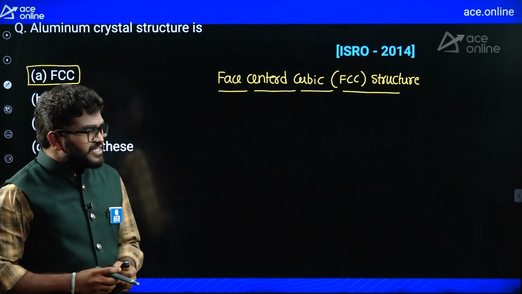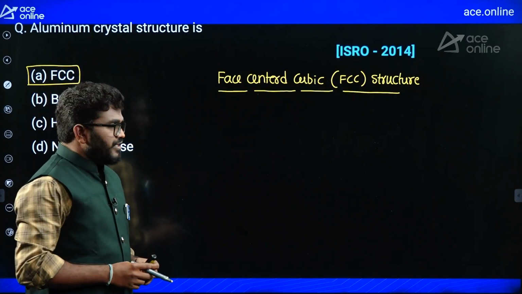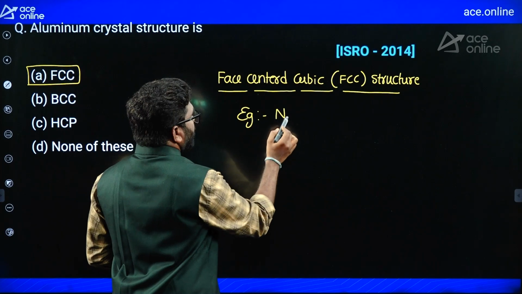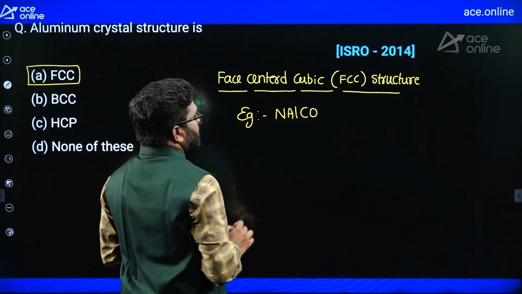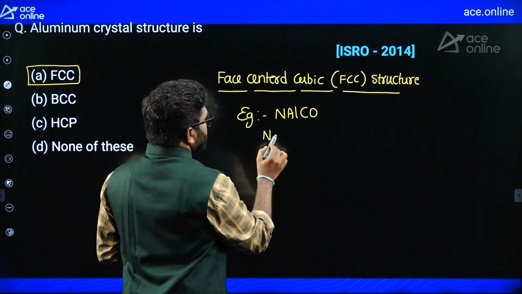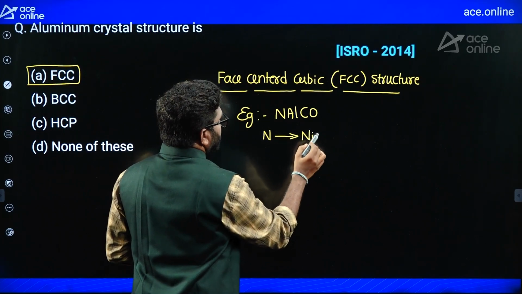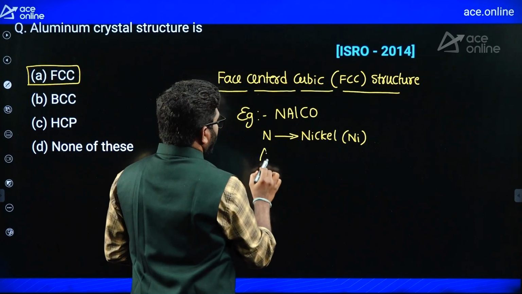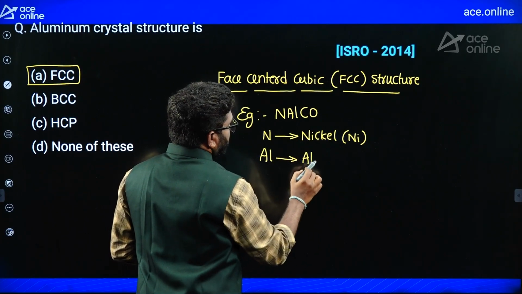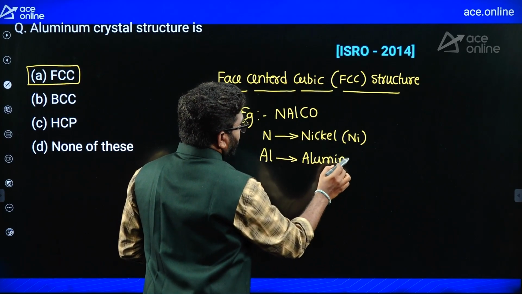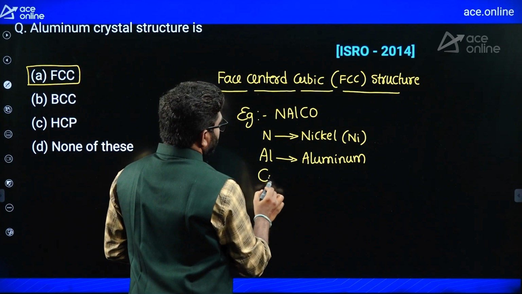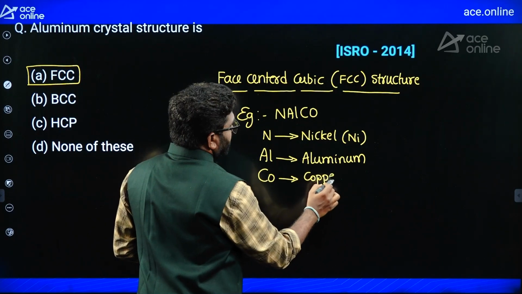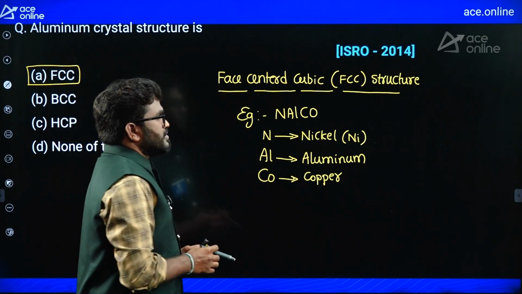Now, in face-centered cubic structure, you remember the example NALCO. Here N represents nickel, Al represents aluminium, CO represents copper. I'll give you some more examples.